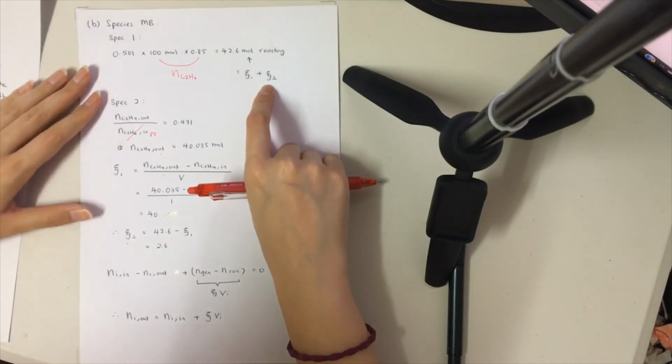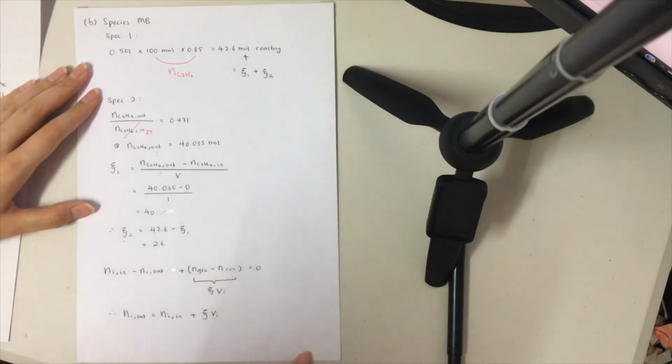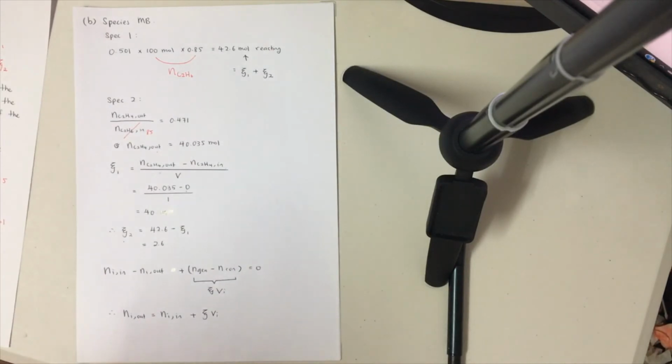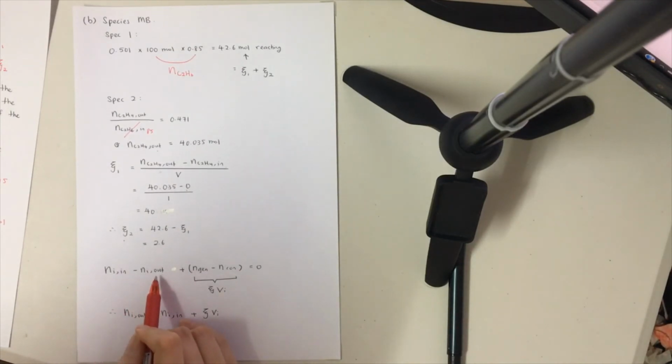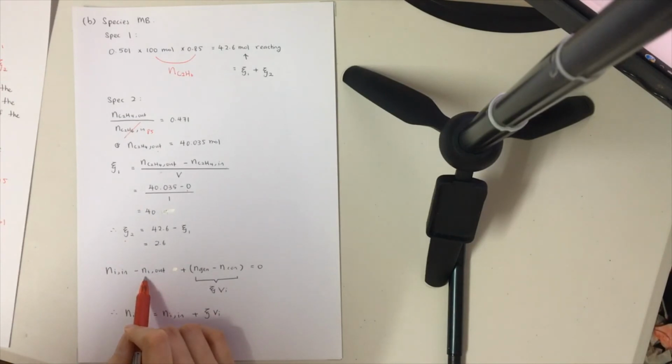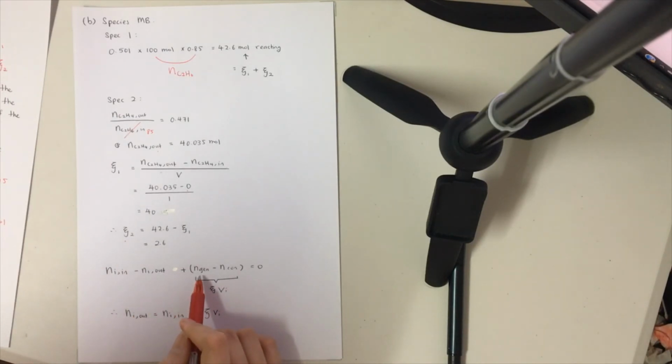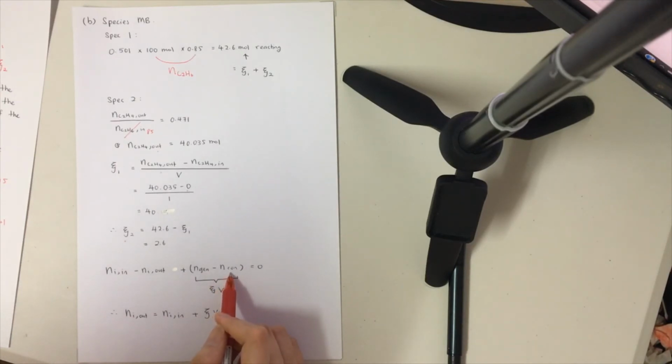So based on the general material balance equation, we know that the number of moles of the component going in minus the number of moles of the component going out plus the generated species minus the consumed species is equal to 0.